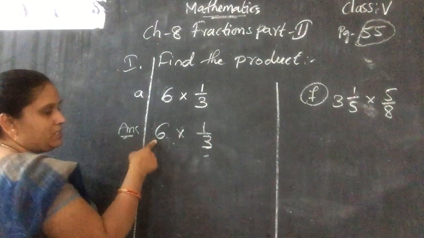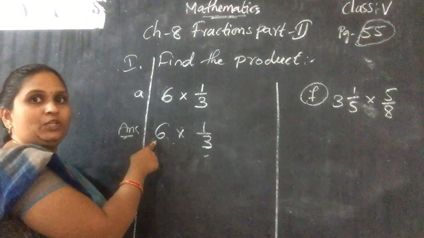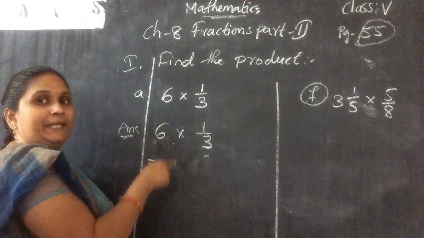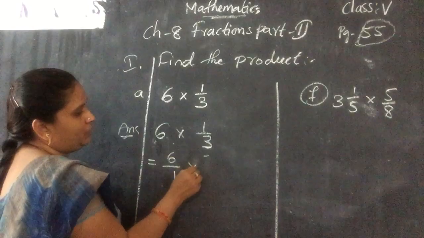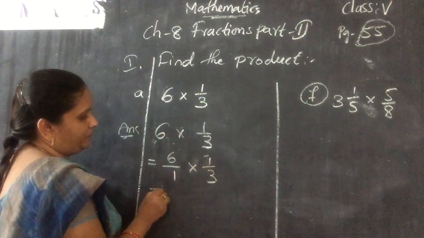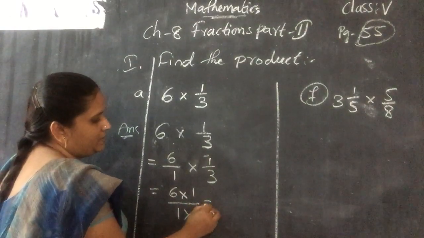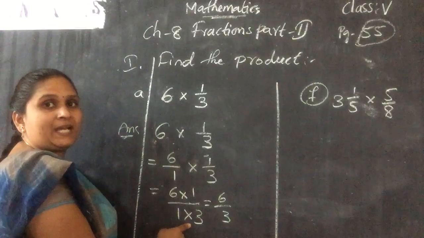Now 6 is the whole number, so what you have to do? Change this whole number into a fraction. The whole number becomes the numerator, and for the denominator you write 1. So 6 by 1 into 1 by 3, 6 into 1 by 1 into 3. 6 by 3: 6 1s are 6, 1 3s are 3.